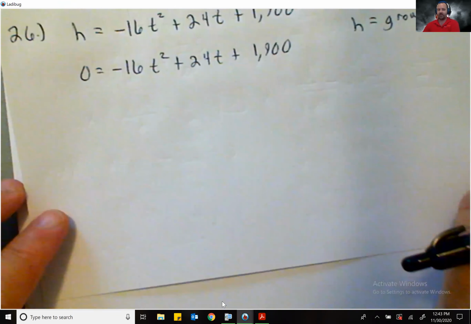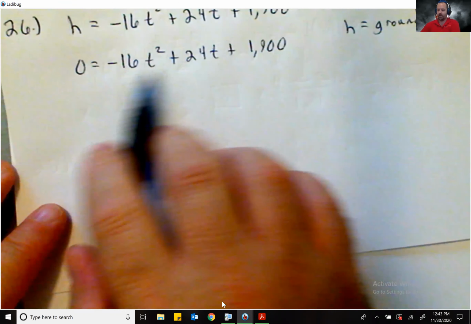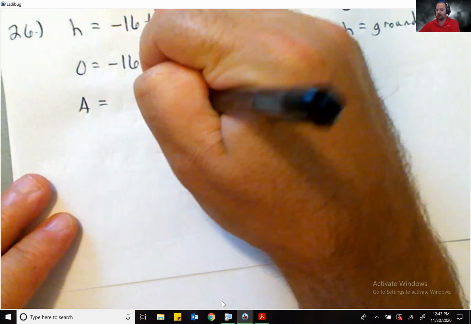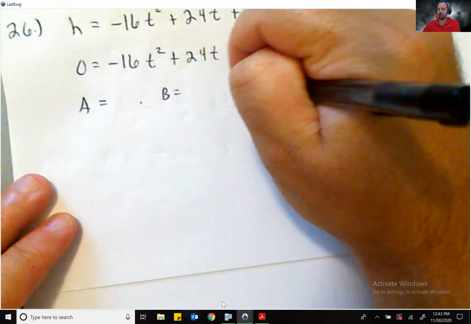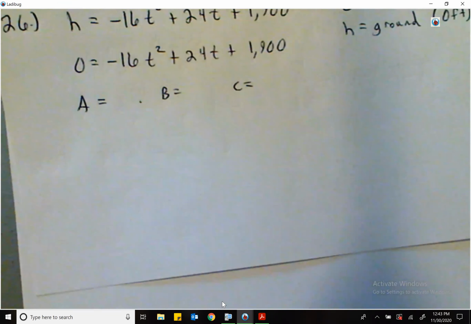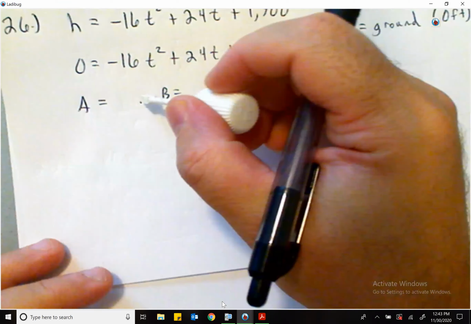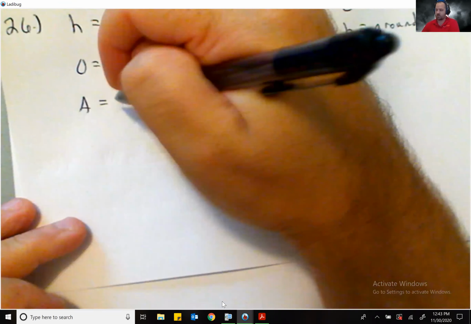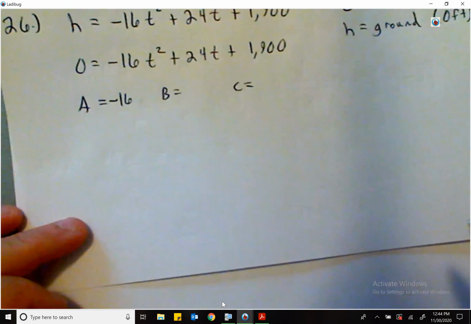So because we're equal to 0, we already know what A, B, and C are. What's our A? Negative 16. What's our B? 24.